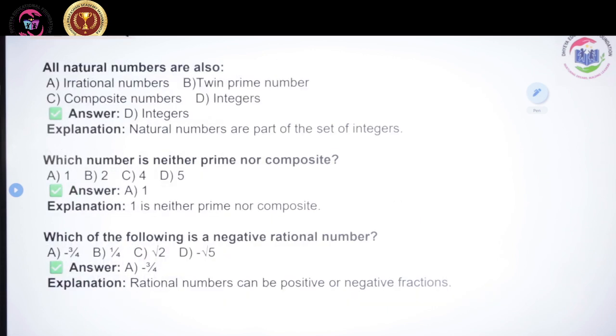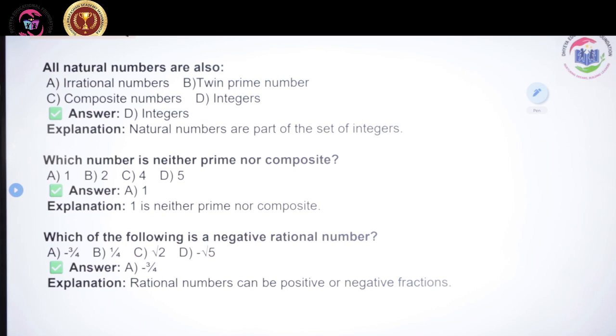All natural numbers are also called what? Options: prime number, composite number, integer number. We have to find what all natural numbers are also a part of.